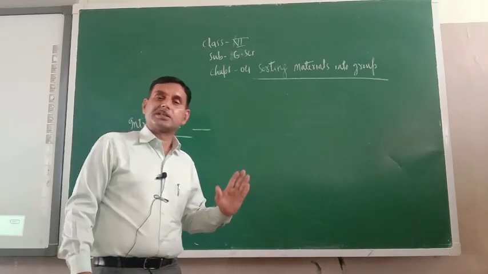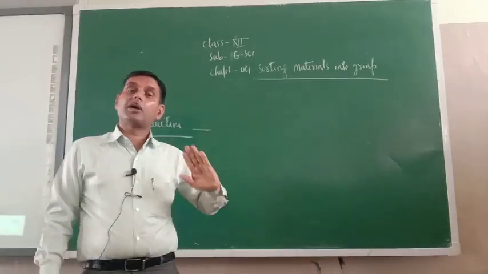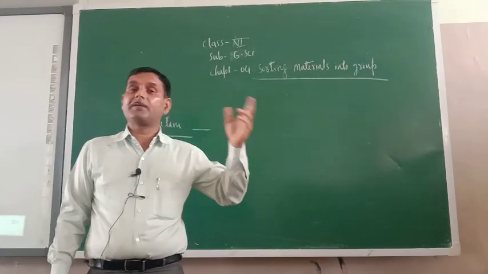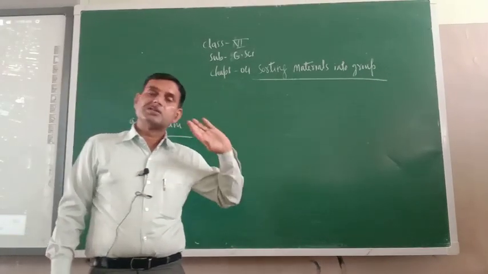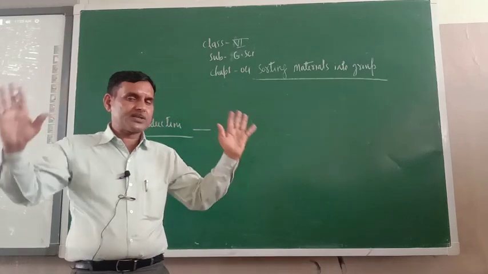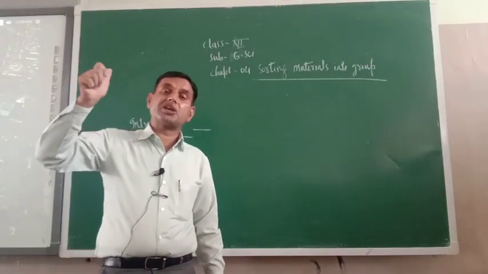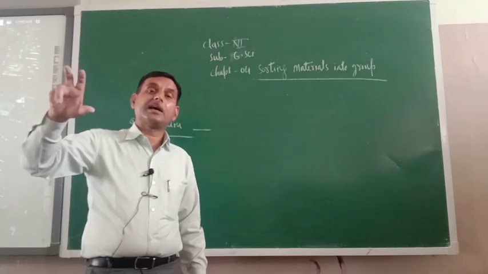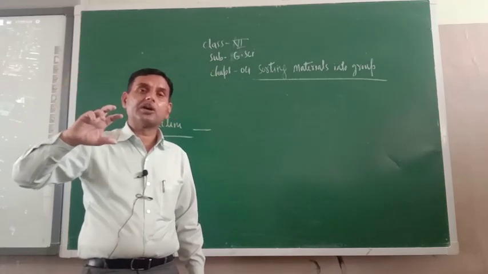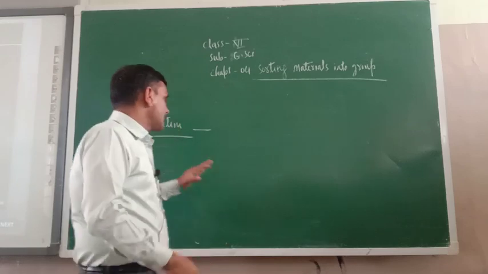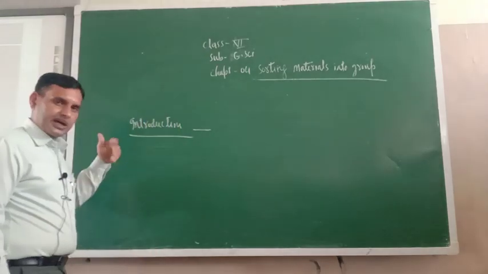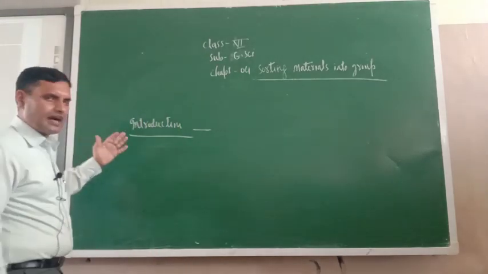Those objects have a proper shape and definite volume. Those objects which are around us have acquired a particular shape, size, color, smell. In our surrounding there are so many objects.